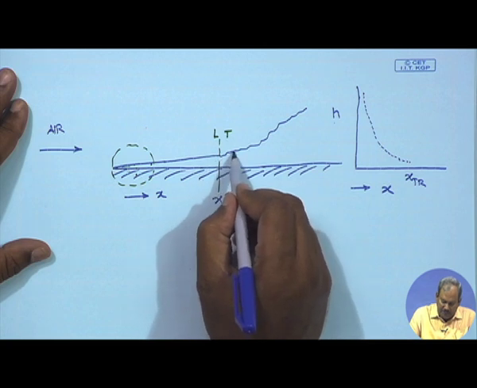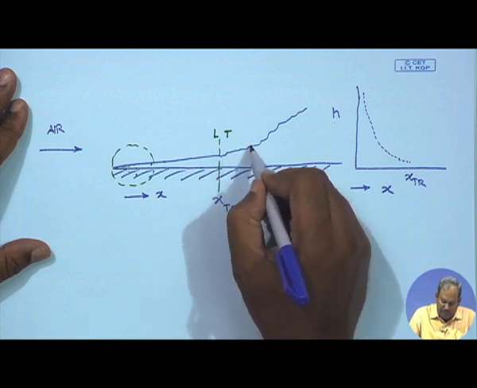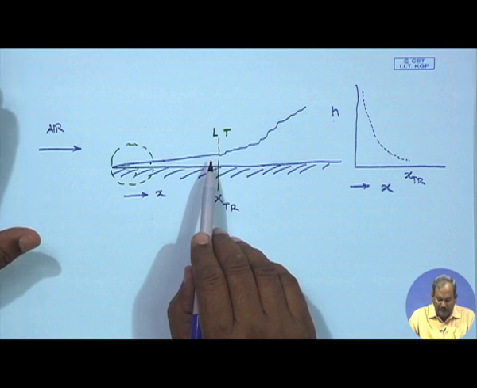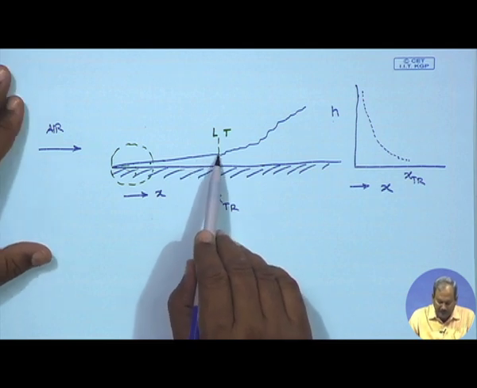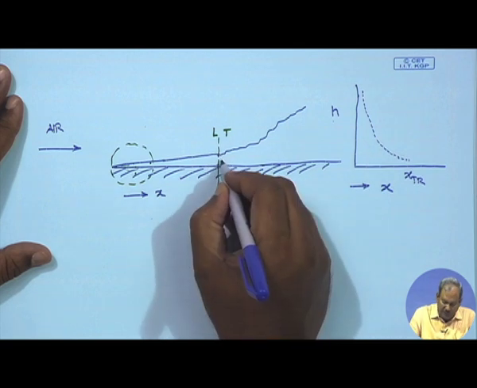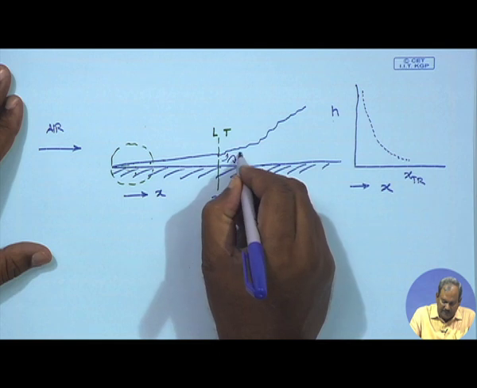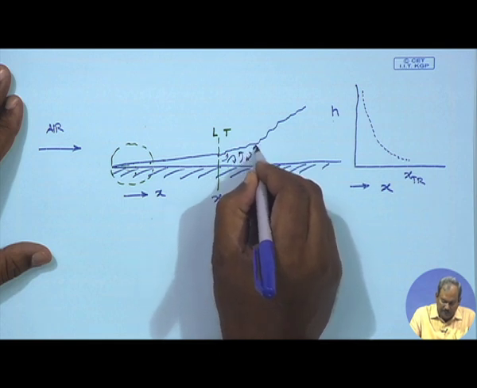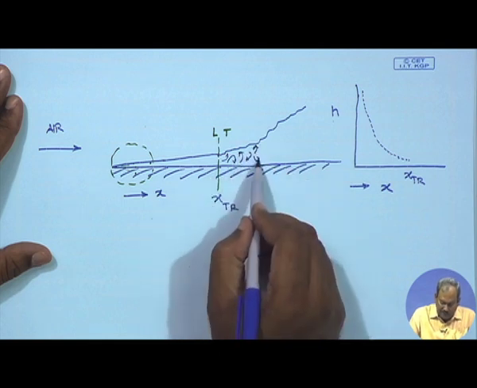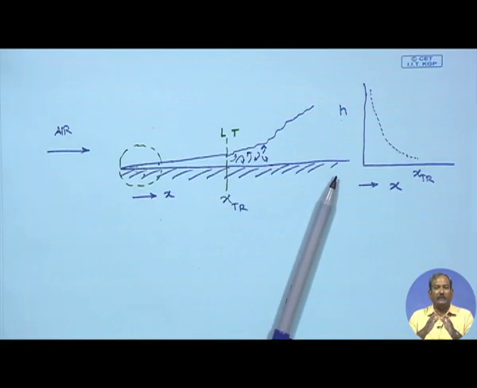you are going to have turbulent flow. The way we define it, up to this point I have perfectly ordered laminar flow, and beyond this point there is random mixing taking place inside the boundary layer. As I told you before, in reality it doesn't happen like that. You do not have a clear-cut demarcation between laminar and turbulent flow.